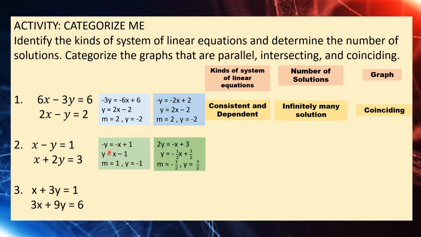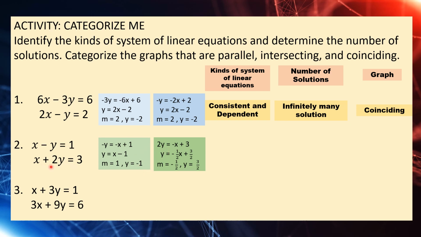Since our y is negative, we can make this positive by multiplying negative 1 to both sides. So multiplying now negative 1 to negative y, it is now positive y. Negative x times negative 1 is positive x. And positive 1 times negative 1 is negative 1. Thus, the slope is positive 1 and the y-intercept is negative 1.